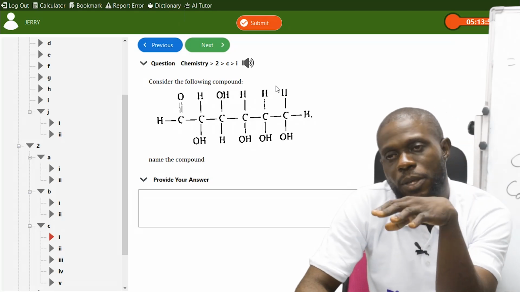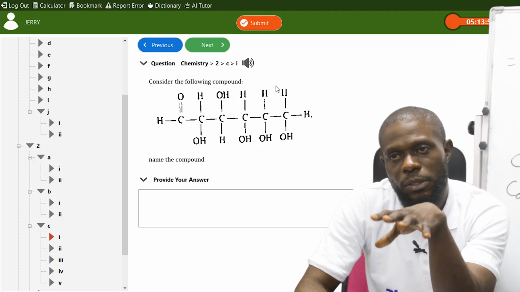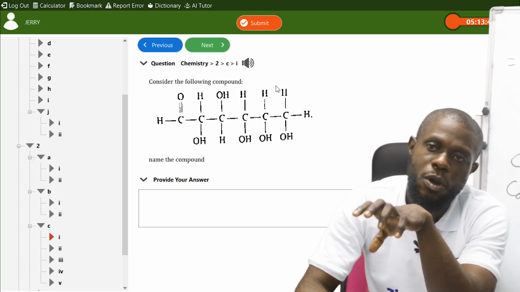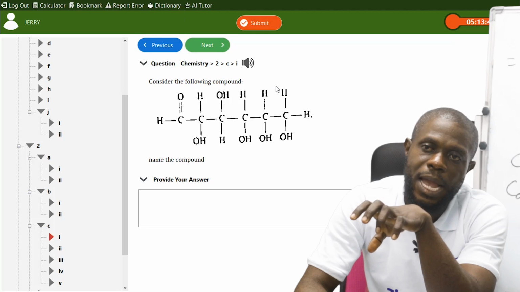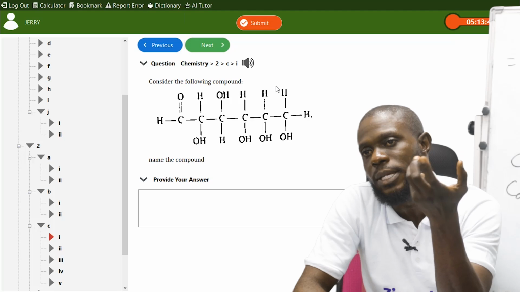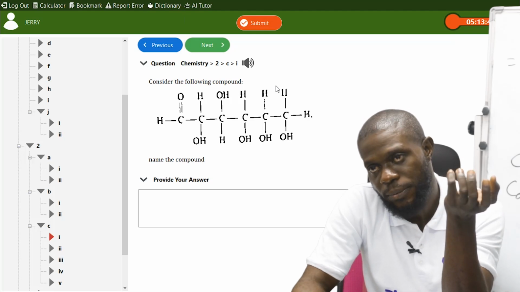When you check, you see that glucose is the simplest form of carbohydrate. That means glucose comes from the family of monosaccharide, and the monosaccharide becomes the simplest unit of carbohydrate.